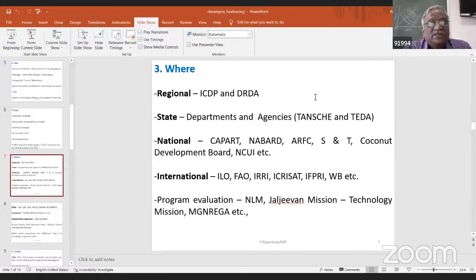Friends, in addition to these agencies and also organizations, at the program level, we have number of programs that can be evaluated by getting research funding.